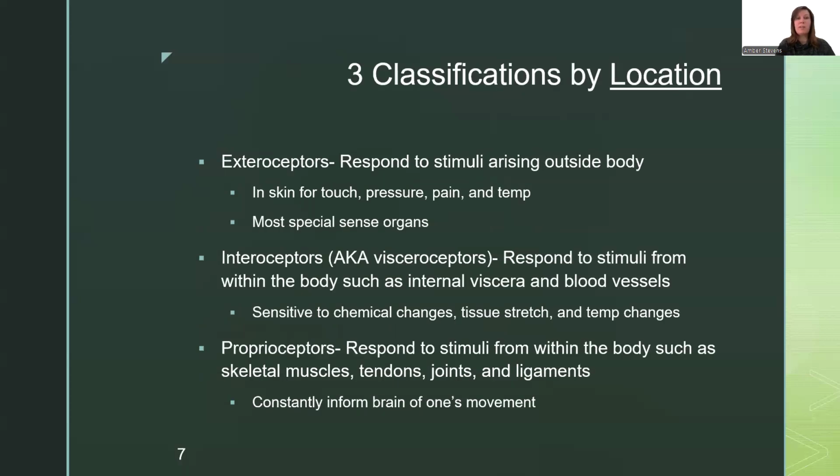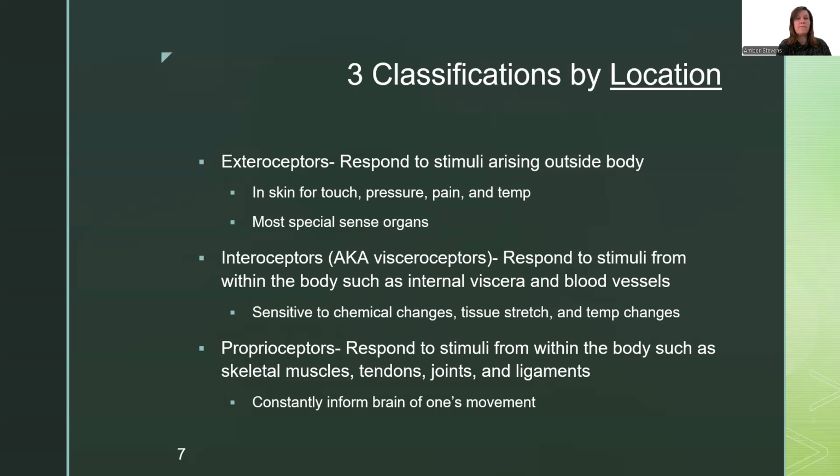And then when we look at classification by location, you have your exteroceptors, which detect stimuli from the external environment around us, right? Such as touch or temperature on your skin.